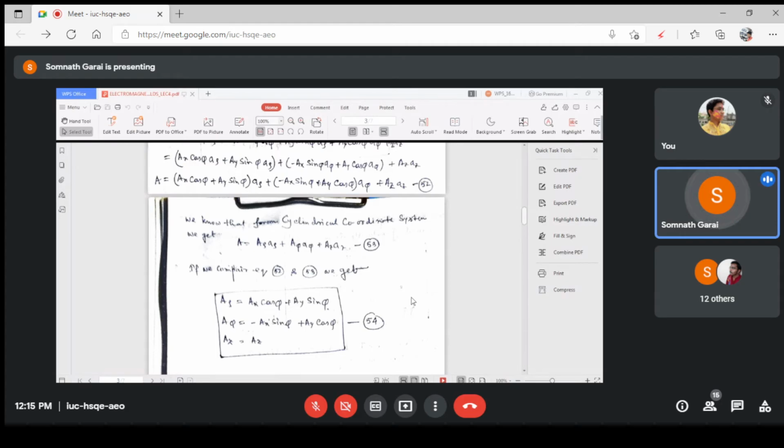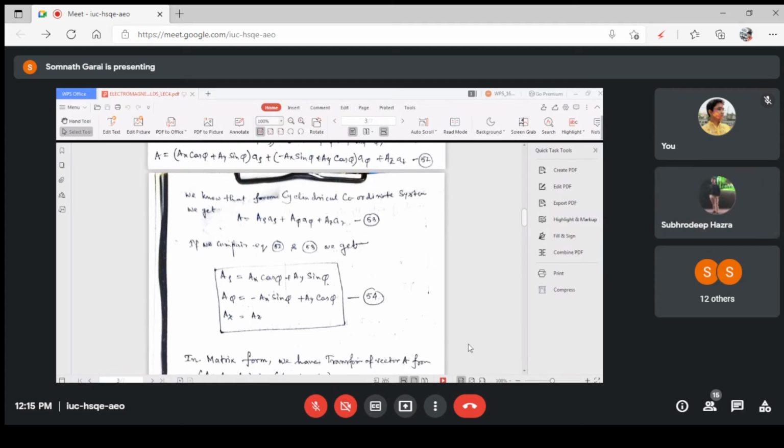This equation 54 represents these three standard equations for the cylindrical coordinate system with respect to the Cartesian coordinate system. Okay, got my point? Clear to all? Yes, sir.